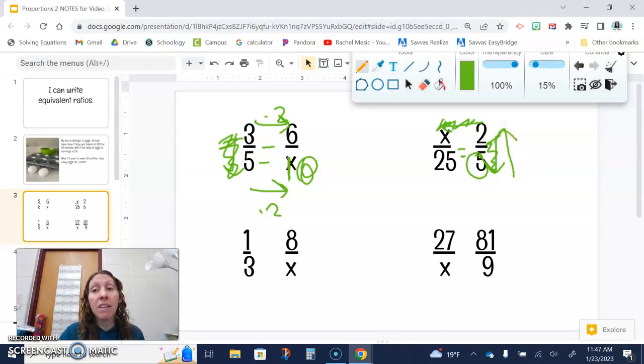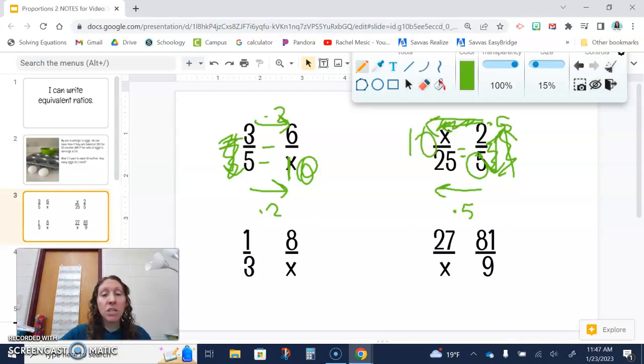So I'm going to see if 5 can multiply by anything to make 2 or 25. Can't make 2, that would be silly. But 5 times 5 is 25. I'm going across from right to left, so I'm going to do the same thing up on top, and I'm going to multiply by 5. So 2 times 5 is 10. So that means x is 10.